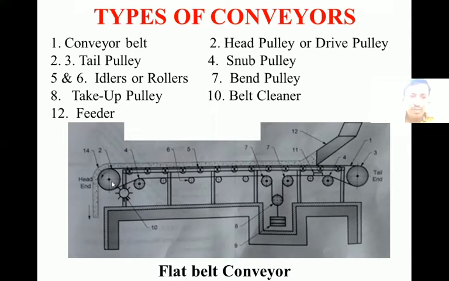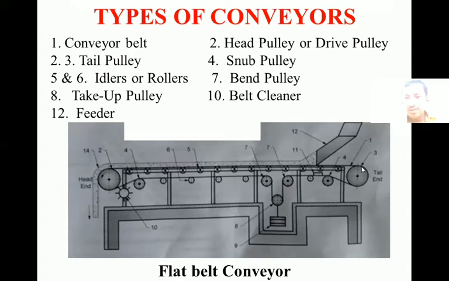First of all, this is the head end, and this is the tail end. The first part is the conveyor belt, the belt on which we are going to transport the material. Second is the head pulley or drive pulley, to which the motor or actuator is connected.